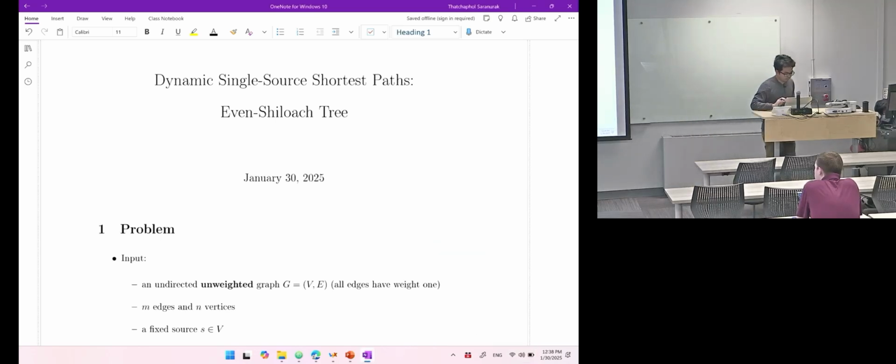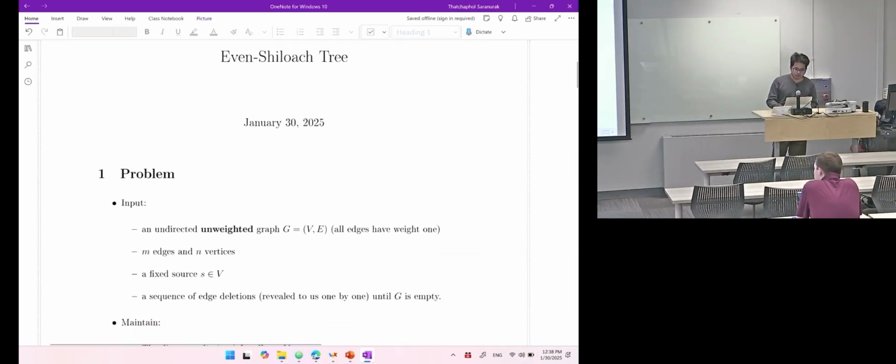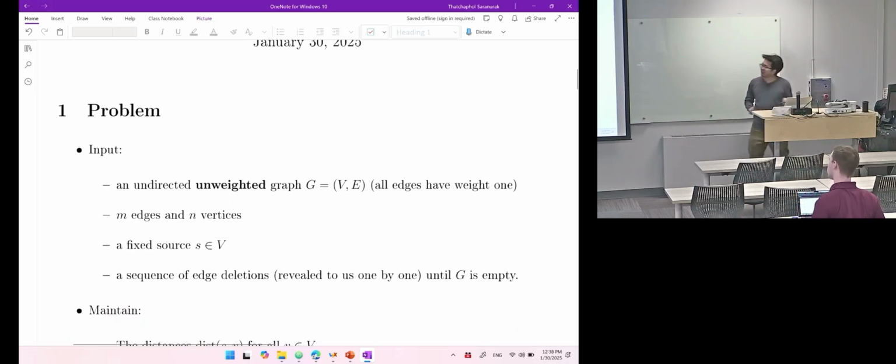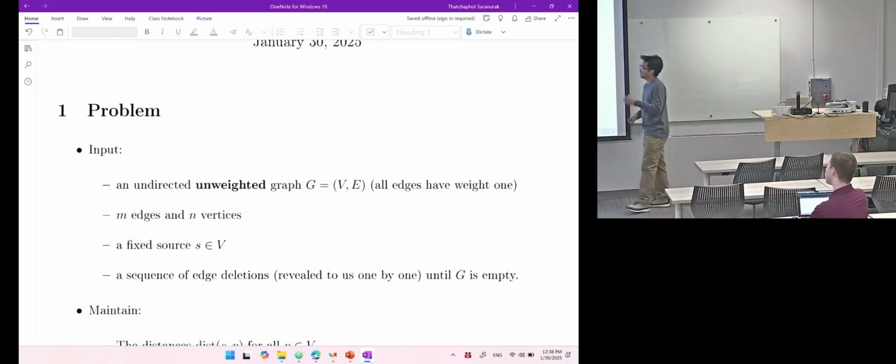Okay, so what's the problem? We're going to look at a simpler problem. For Dijkstra, we looked at directed weighted graphs. Here we're going to look at undirected and unweighted graphs to make it simple, so every edge has weight 1. We still use the notation m edges and n vertices like before.